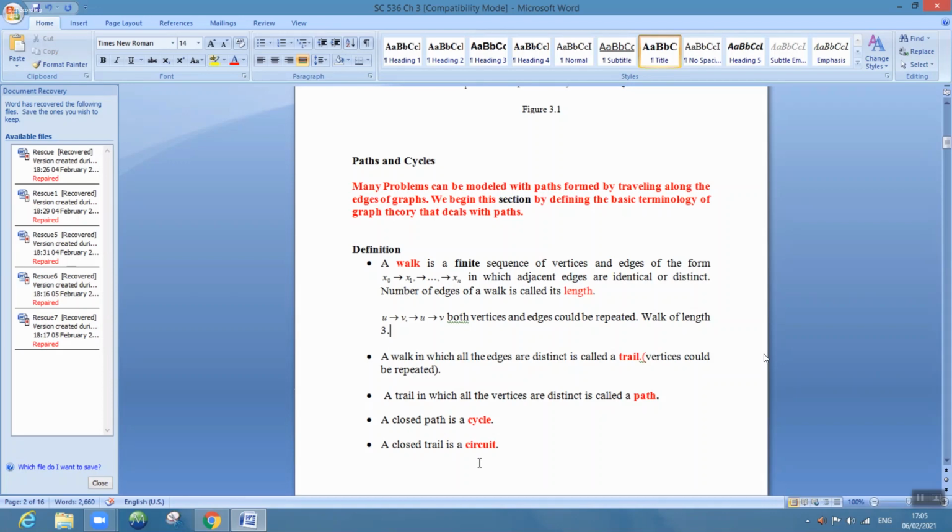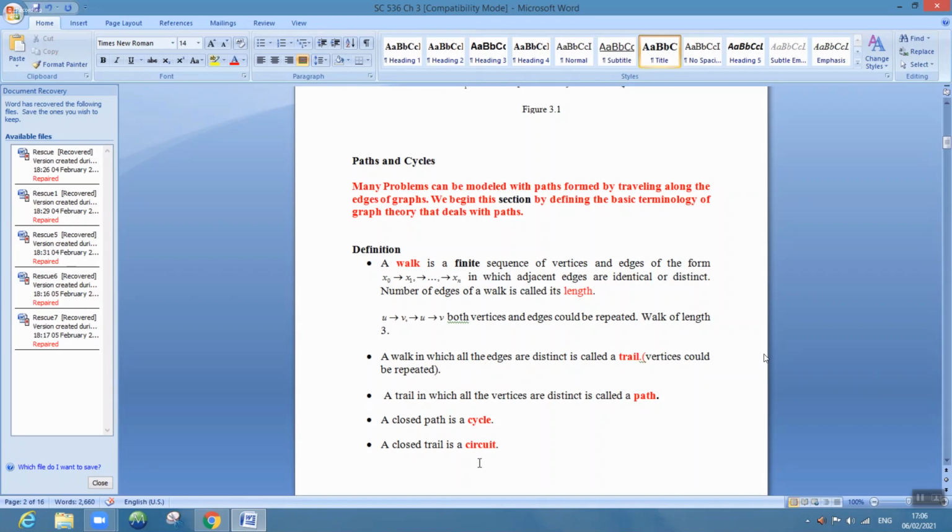But in a trail, if the vertices are also distinct, then it is called the path. In a path, both vertices and edges are distinct. So A to B, B to C, C to D, D to E. Nothing repeats. U goes to V, V goes to W, W goes to X, X goes to Y, Y goes to Z, and so on.